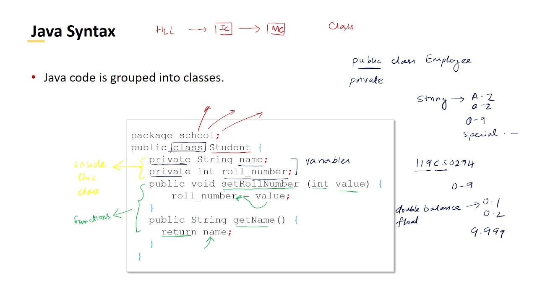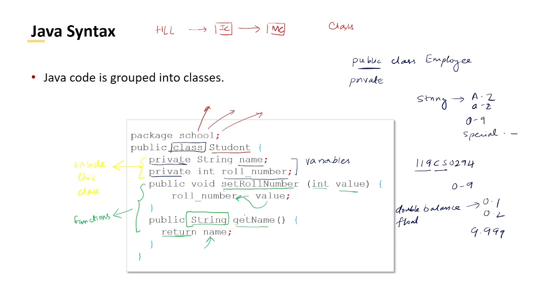And before this function we write the particular data type. So int, string, double, float, these are data types. Data type means we have certain data in this variable, and what type of data it has, we call the data type. So get name is going to return string data.